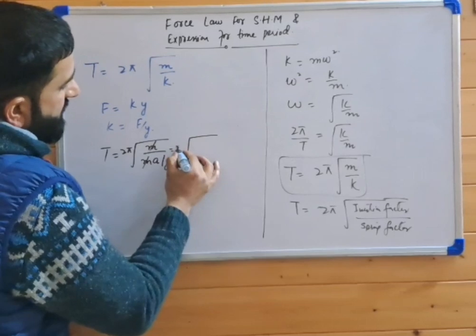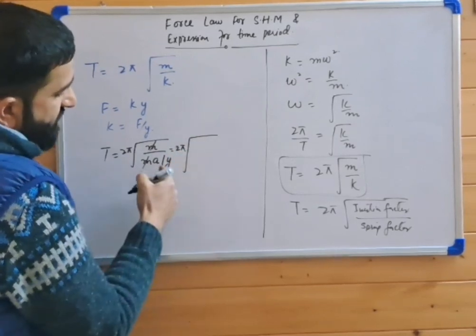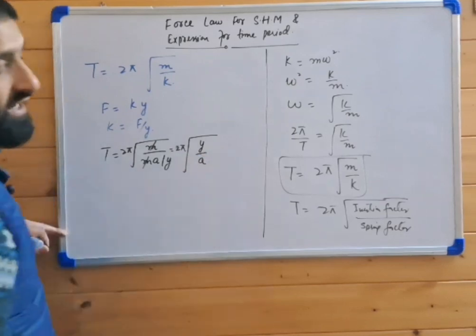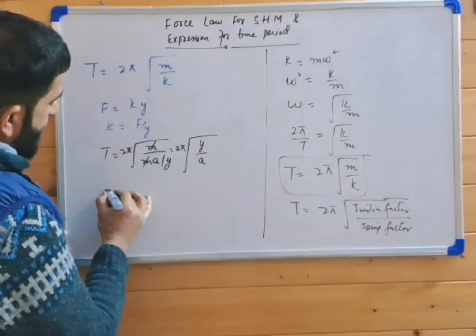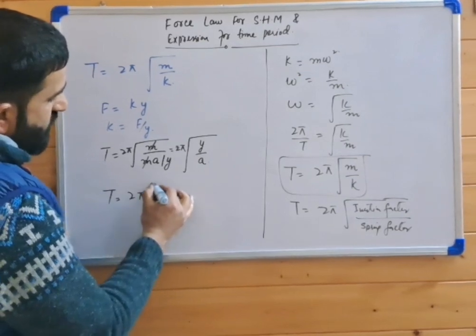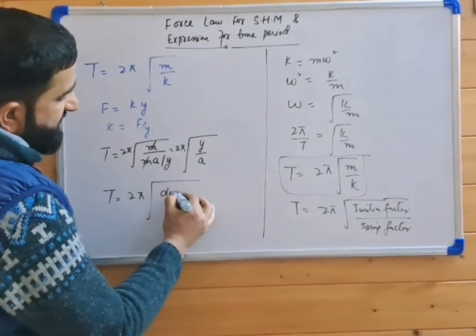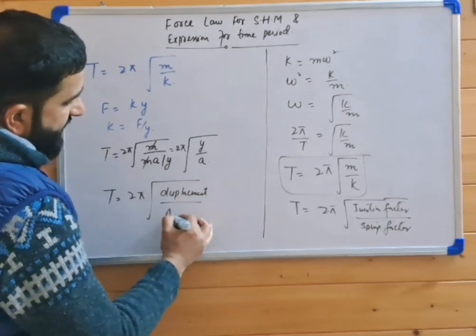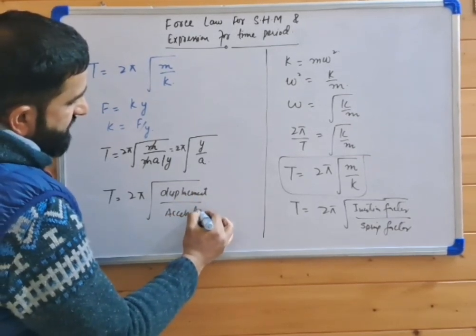so that comes to 2 pi root of y goes up to the numerator, y divided by a. Now y is the displacement, a is the acceleration. So an alternate equation for the time period is 2 pi root of displacement divided by acceleration.